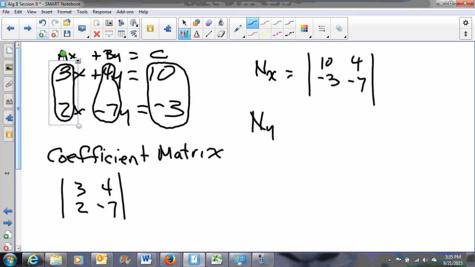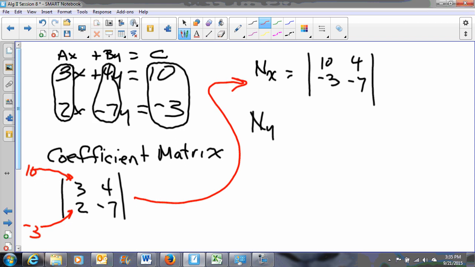Notice, if you take the coefficient matrix and you put a 10 where the 3 is, and a negative 3 where the 2 is, you will get n sub x. In other words, you have just taken the x column, 3, 2, and replaced it with the column that is the constants, 10, negative 3. Nothing else changed, just that one.